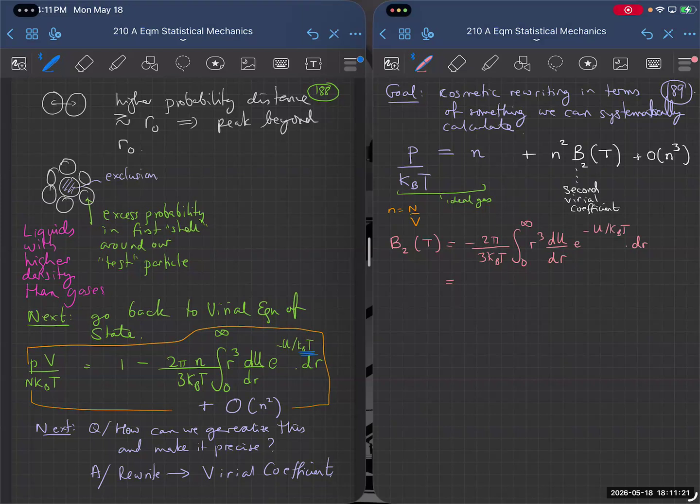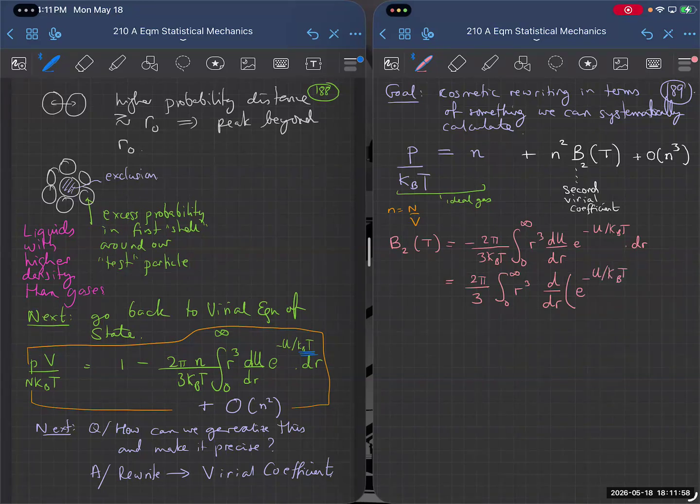I've got a minus sign mistake here, so, oh, no, I haven't. I'm fine. So this is 2 pi over 3, and I'm going to get that factor of kT from my differentiation. So I'm going to write this then as the integral from 0 to infinity of r cubed, and then d by dr of e to the minus u over kBT.